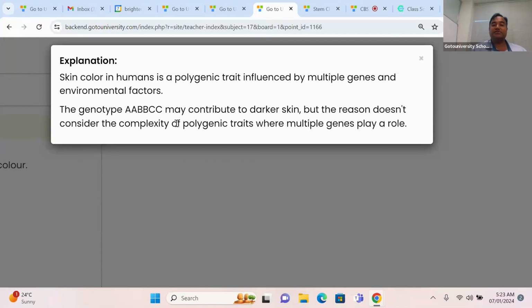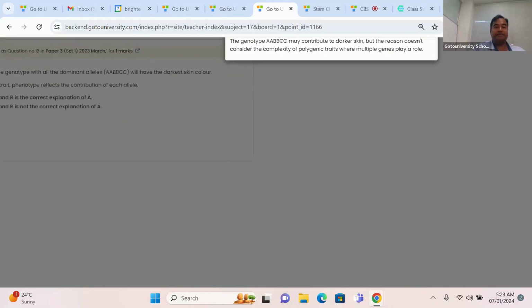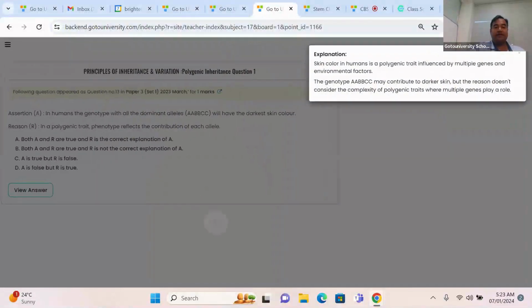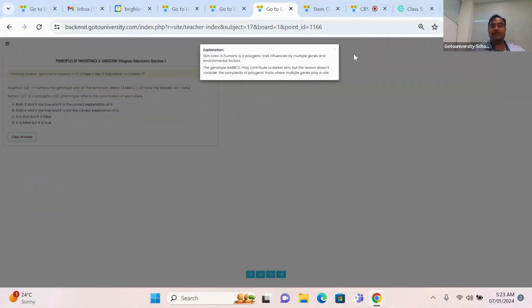But the reason does not consider the complexity of the polygenic trait. That is the reason why we are not choosing option A, we are not choosing option C and option D. We are choosing option B, right? So I think you understood this message.